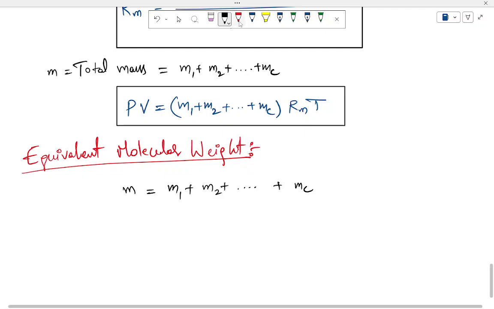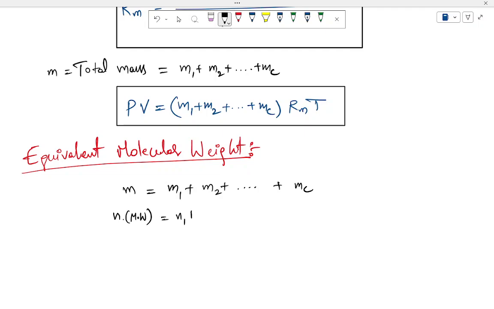So this M is nothing but N into molecular weight, right? So here I'll get N1 into molecular weight of 1 plus N2 into molecular weight of 2 plus so on plus NC into molecular weight of C.